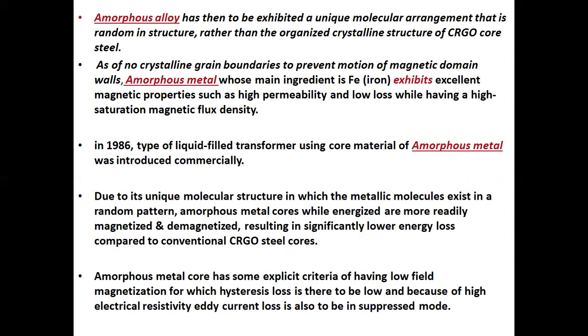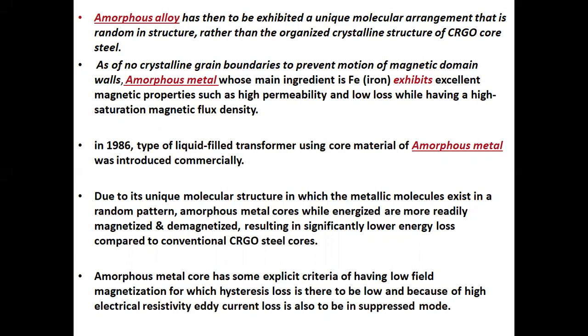As there are no crystalline grain boundaries to prevent motion of magnetic domain walls, amorphous metal, whose main ingredient is iron, exhibits excellent magnetic properties such as high permeability and low loss, while having a high saturation magnetic flux density. In 1986, a type of liquid filled transformer using core material of amorphous metal was introduced commercially.